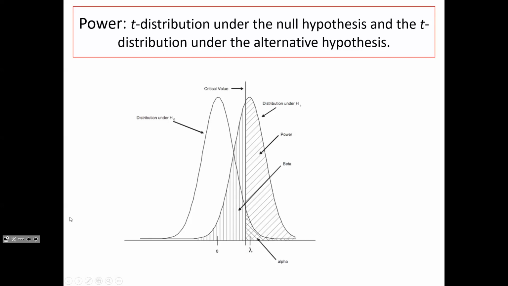So it assumes that the difference, let's say it's a mean difference, is 0. That's the t distribution that you see in all of the stats books, with the pictures and the critical values. That's this guy.